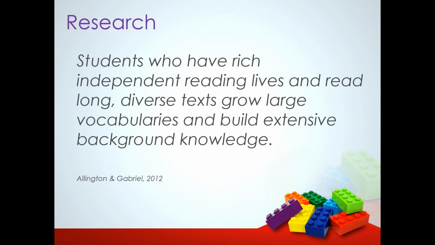The research tells us that students who have rich independent reading lives, who read more and read a bunch of diverse texts, grow their vocabularies and build extensive background knowledge. Okay, so we know this.